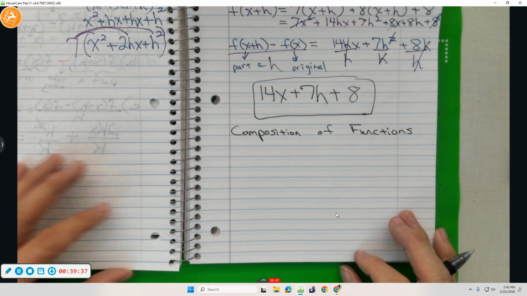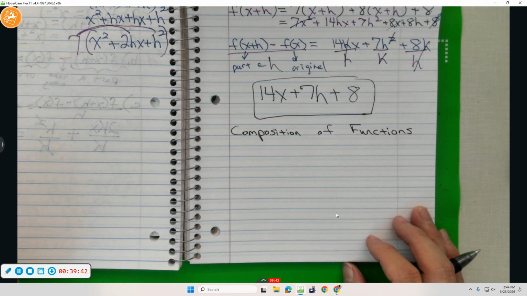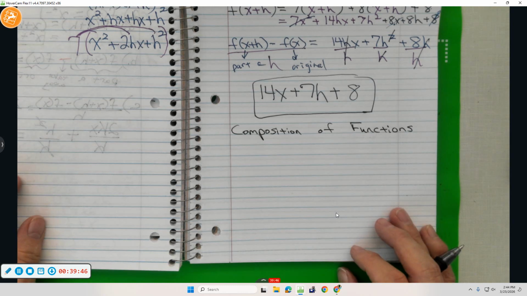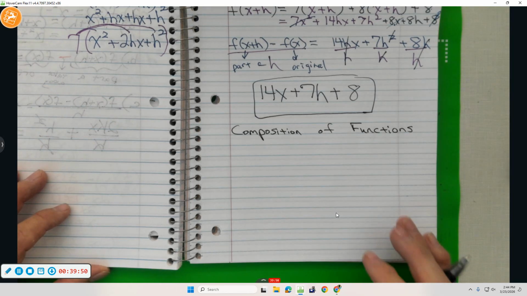We use little symbols for composition. We use little plus signs for addition, a little dash for subtraction, and so forth. They had to come up with a symbol to represent this new operation. Now, I think they came up with a pretty good one.